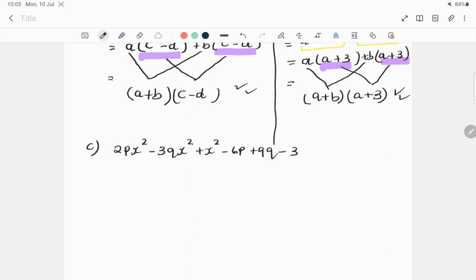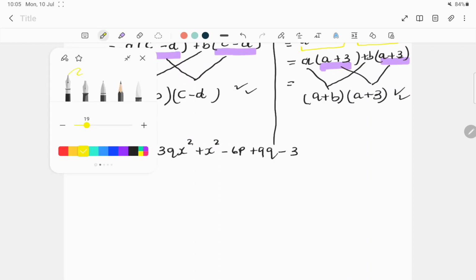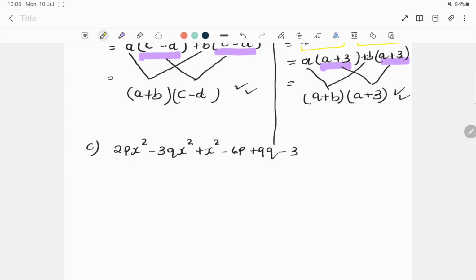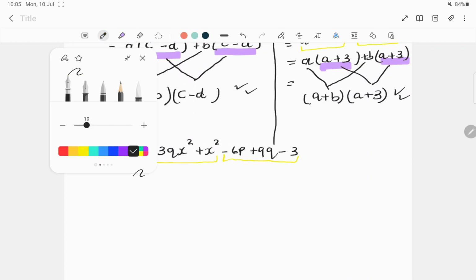Now you have 6 terms. You don't have 4 terms. So what I'm going to do, I'm going to group the first 3 terms together because I can see I have something common, and then the last 3 terms together. So what is common in my first 3 terms? What is common?